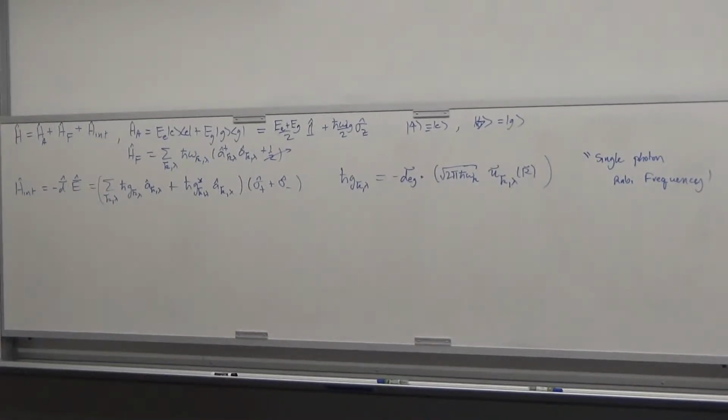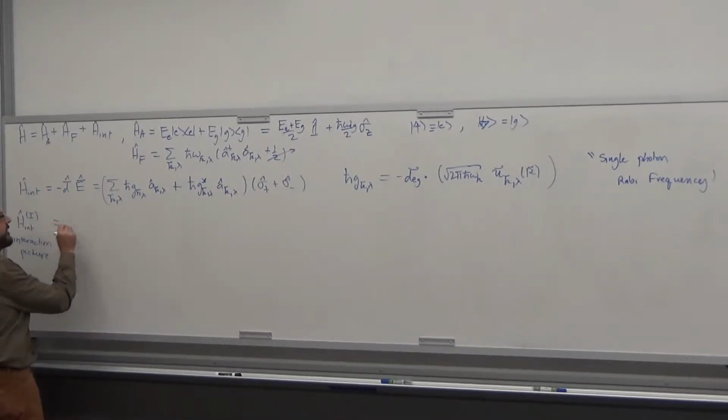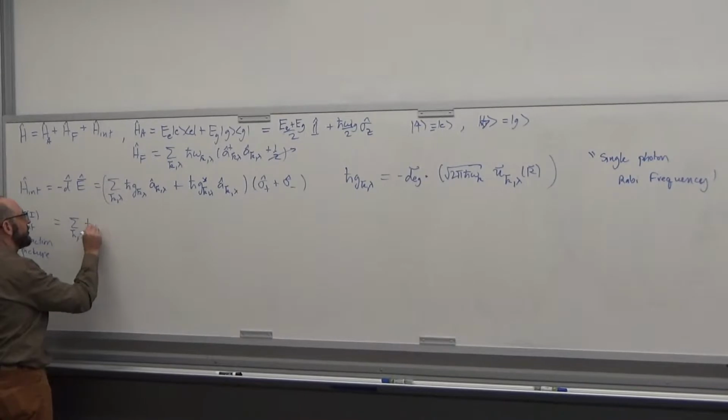Okay, so with that said, what we did, we say, all right, if I look at the interaction Hamiltonian in the interaction picture, which means going to the frame that is rotating with the free field and the free evolution of the atom, then this interaction Hamiltonian has the following form.